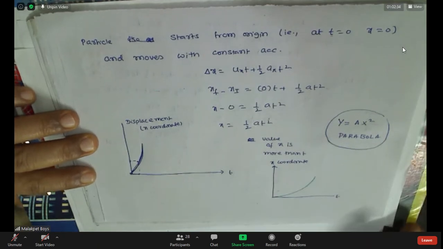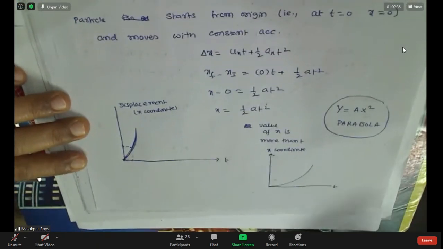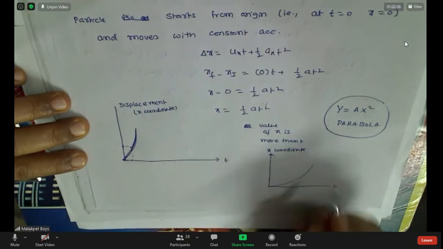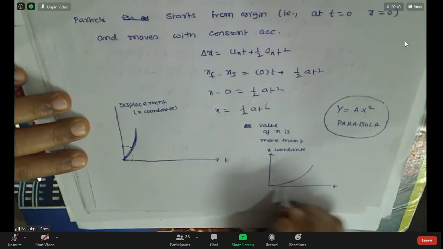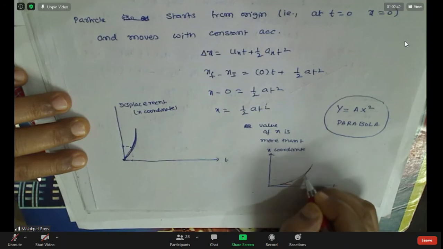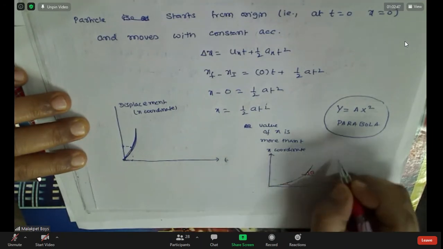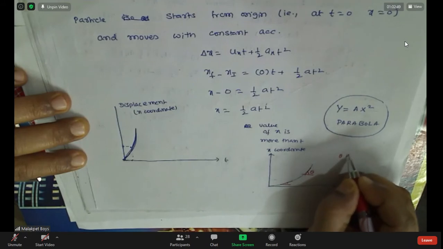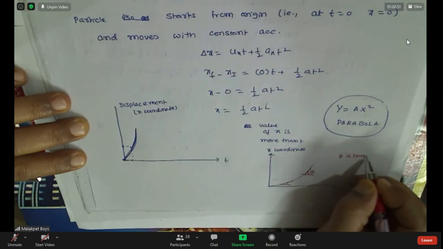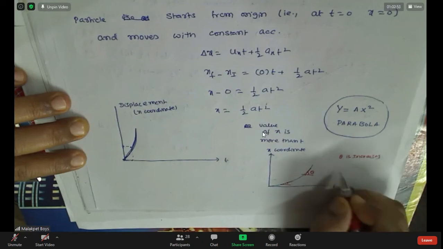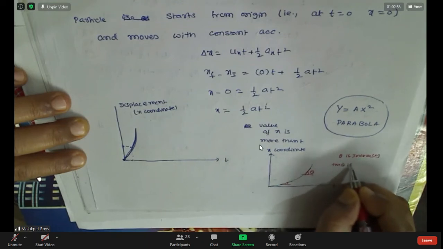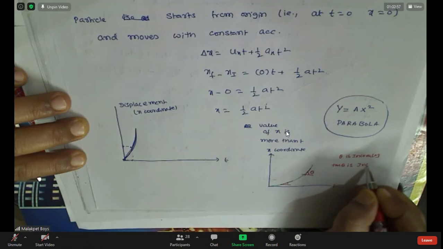Can you tell? Please go on drawing the tangents. Angle is increasing or decreasing? Increasing. Theta is increasing. Okay, so tan theta is increasing.